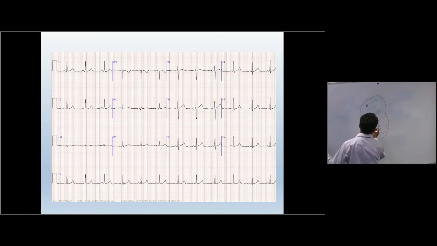So we attach them right across the heart like that. So V1 to V6. So they all are gathering electrical activity which happens right across the chest, mainly in a horizontal plane, this plane. So this is how we attach those leads across the heart.